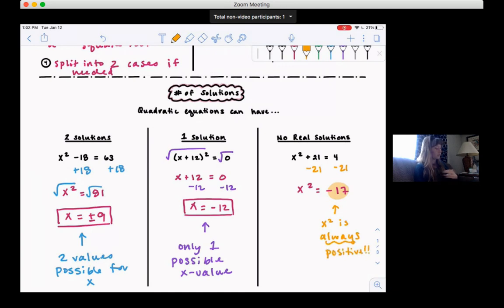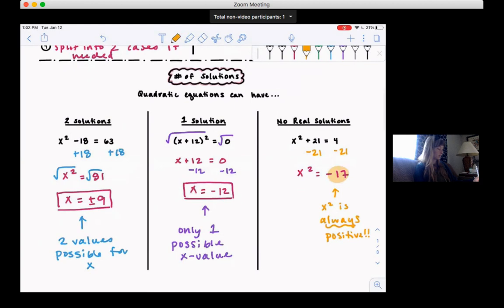So basically, x squared equal to negative 17 cannot happen in the real numbers. So we say this equation has no real solutions. Okay, so that's an overview of solving basic quadratics and the situations where they would have two solutions, one solution, and no solutions.